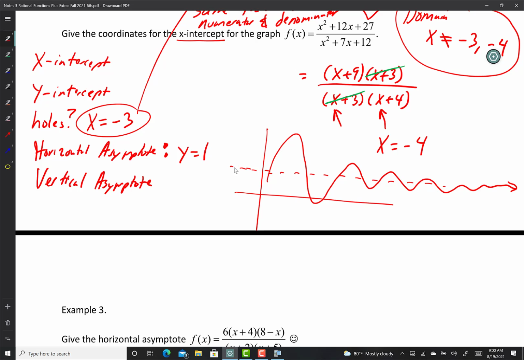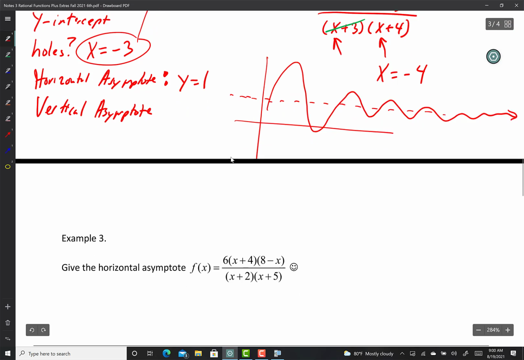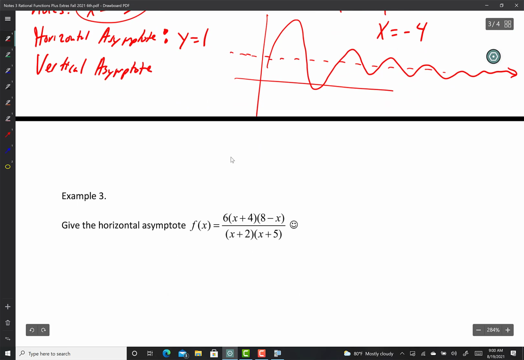So you can cross a horizontal asymptote many times depending on the model that you have. If you have a rational function, it depends. Some rational functions do cross it in the middle.